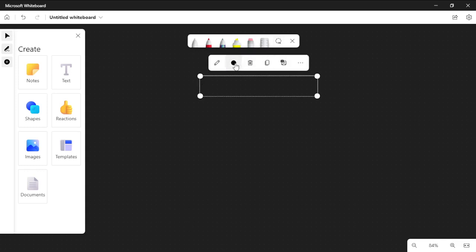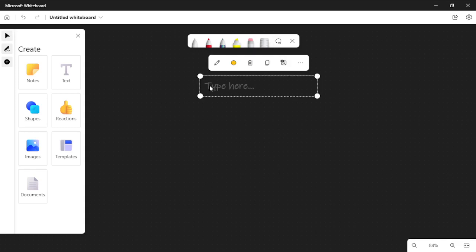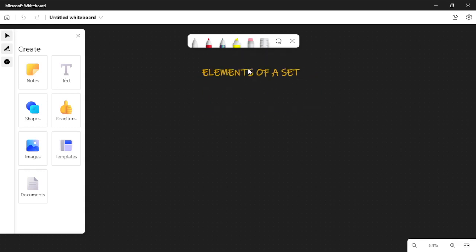We are talking about the items that you have in a set. Elements of a set. So this simply means what? The items that we have in a set.